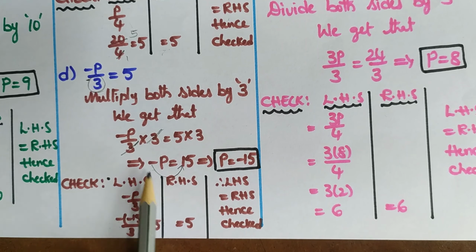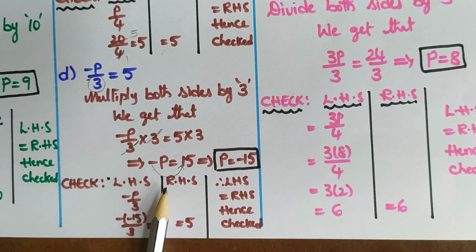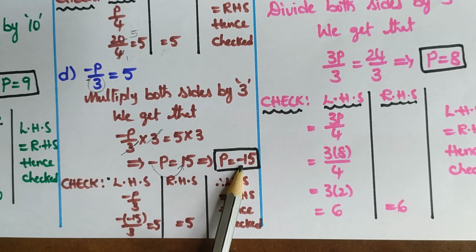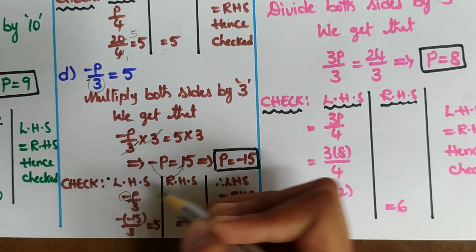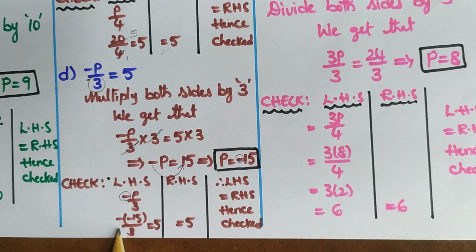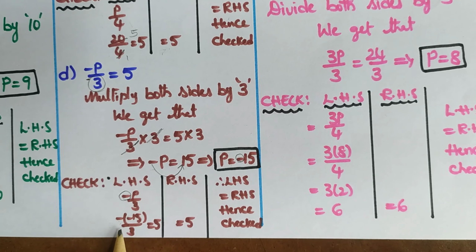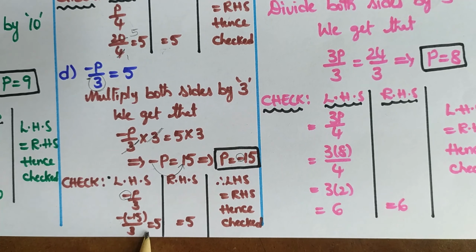Now LHS is minus p by 3, RHS is 5. LHS is minus p by 3 where p equal to minus 15. So it is minus p, that means minus into minus 15, all divided by 3.